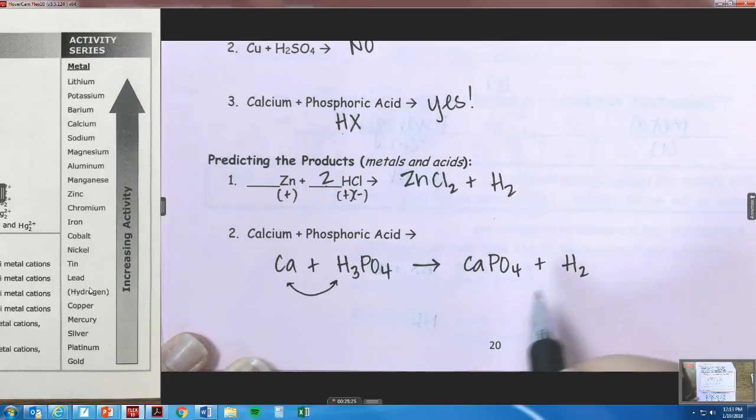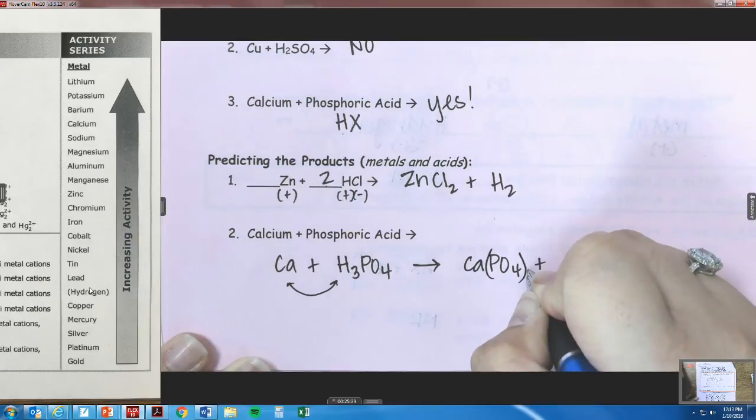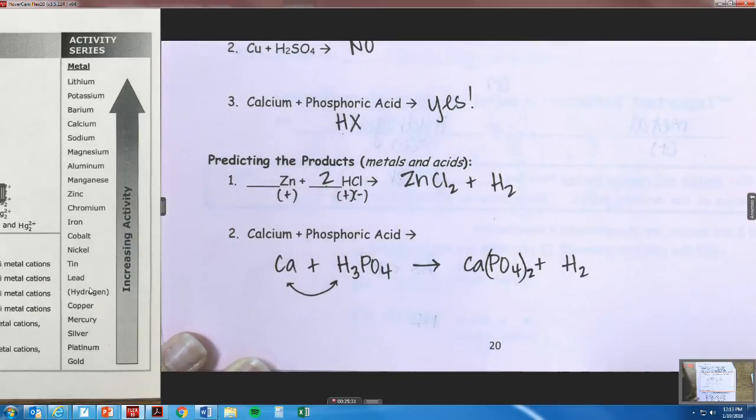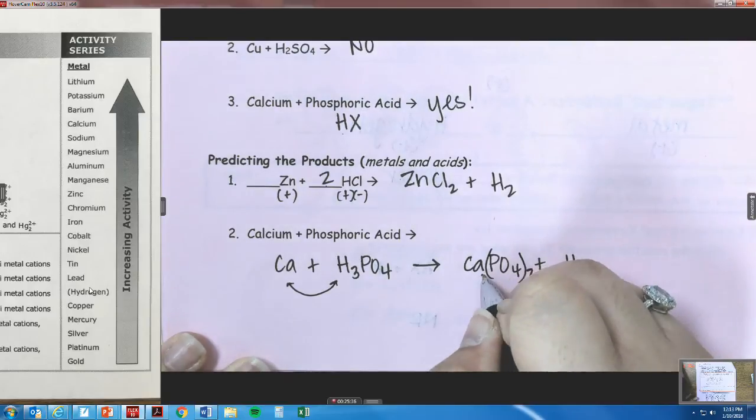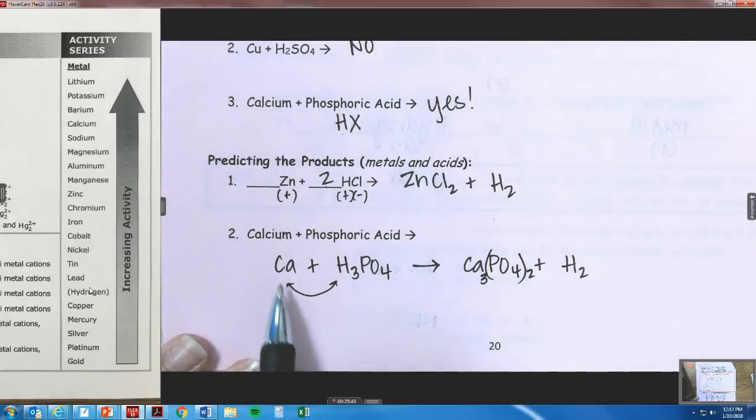Calcium has a charge of positive 2, so PO4 is going to have a subscript of 2. PO4 has a charge of negative 3, so it's going to be Ca3(PO4)2. Then to balance my equation, let's start with calcium first. I have 1 here, but 3 here.